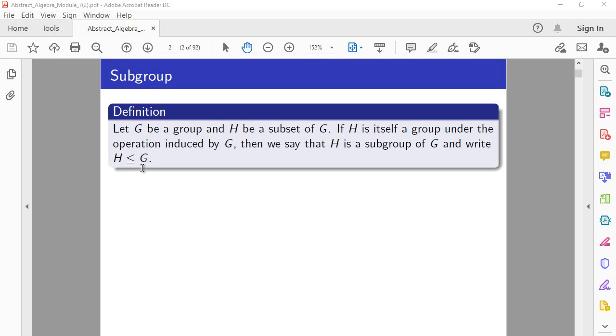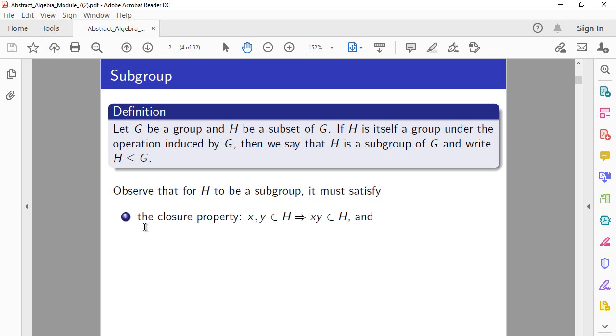So if a subset H of the group G is itself a group under the operation of G, then we say that H is a subgroup of G. Observe that for a subset H to be a subgroup, it must satisfy, first of all, the closure property.